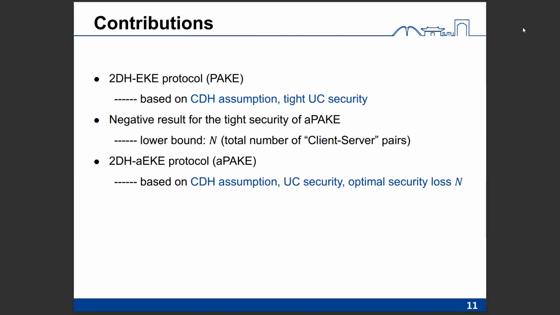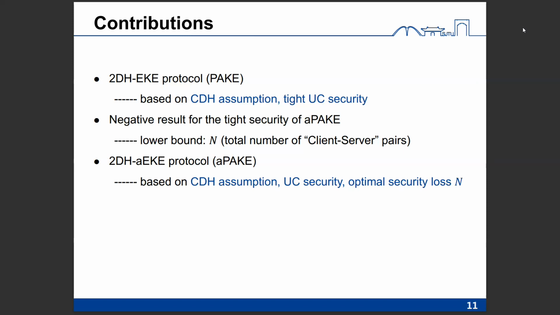We also want to extend it to the asymmetric version, but we found a negative result. That is, APAKE protocols cannot achieve full tight security, and the security loss factor is lower bounded by n, the total number of client-server pairs. Nevertheless, we still propose the twin DH AEKE.